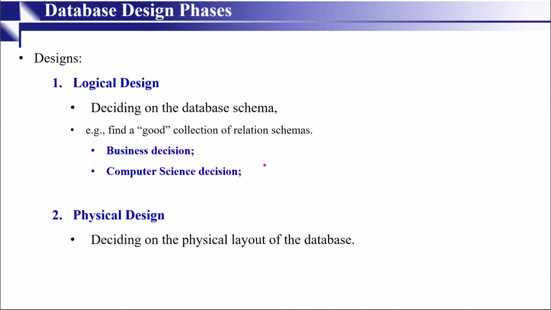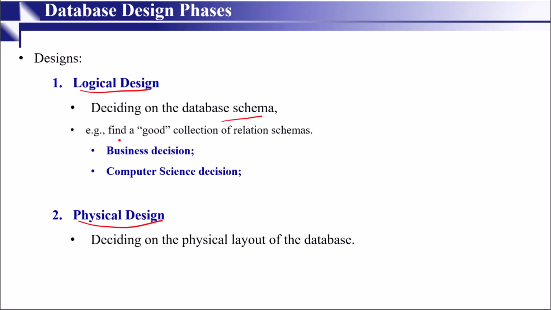The design phase includes logical design and physical design. In the logical design, we define the schema and relations, a blend of business and technical decisions. And in physical design, we deal with storage efficiency, indexing, and performance optimization. Both logical design and physical design are essential for robust databases. In logical design, we decide on the database schema.